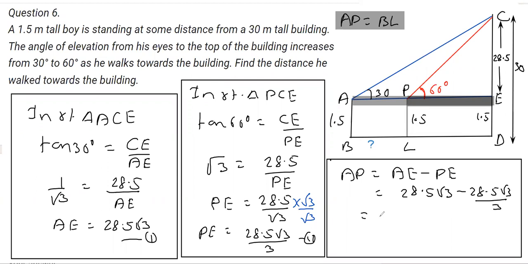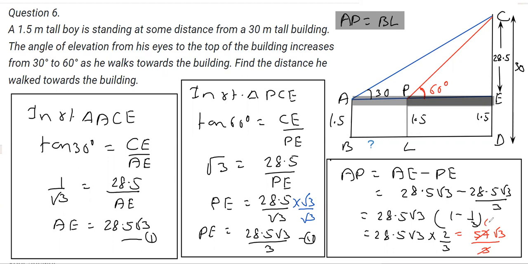What we can do here is take 28.5 root 3 as common. That will give us 1 minus 1 by 3, that is 28.5 root 3 times 2 by 3. Let's first multiply and then reduce. 28.5 into 2 gives 57, so 57 root 3 divided by 3.